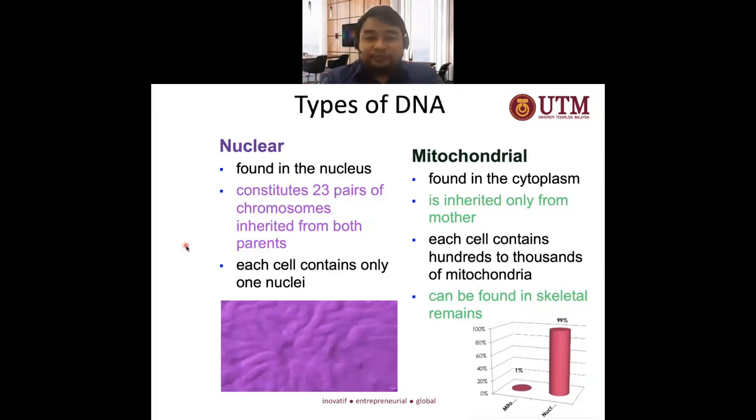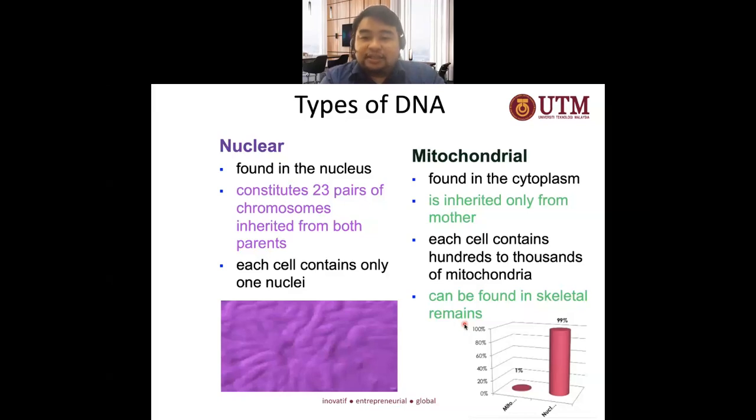There is something interesting about mitochondrial DNA: it is inherited only from the mother. This is also important: mitochondrial DNA is very rich in skeletal cells. So if you have found a skeleton at a crime scene and you don't have any other biological evidence, you can use the skeleton to get your DNA.